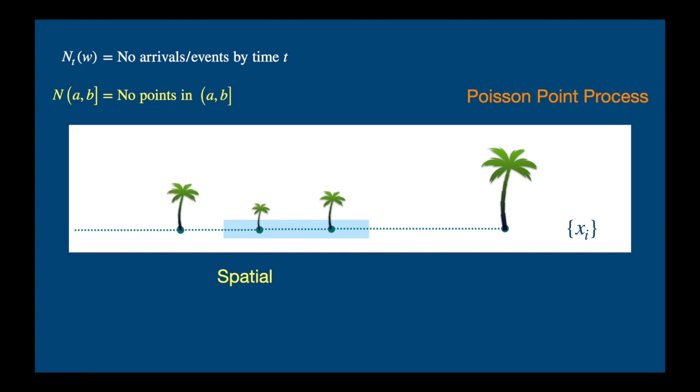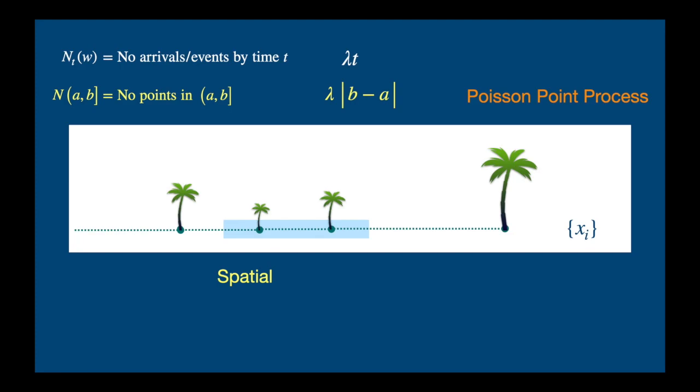And in the temporal case, the intensity per unit time was lambda. So we had lambda times t to represent the intensity measure over the interval from 0 to t. Here we will have the intensity per unit length, and the length of the interval is then just b minus a, which is the same thing as the Lebesgue measure if you want to go technical.